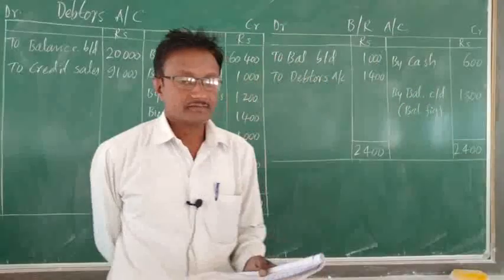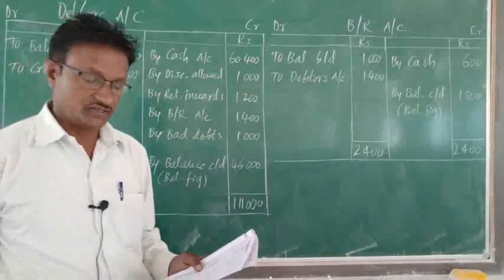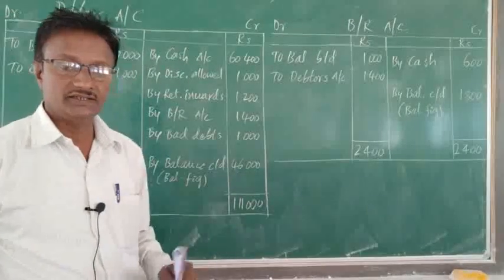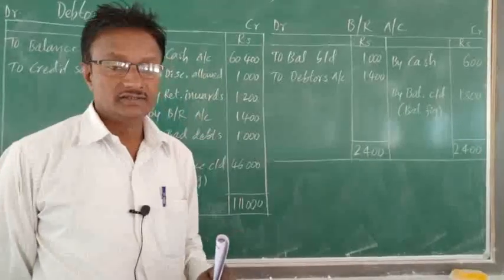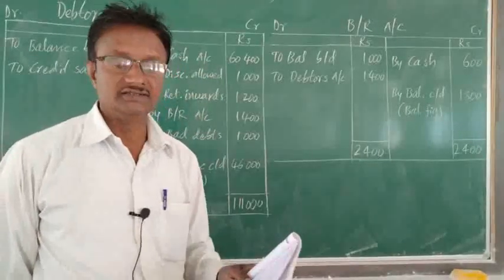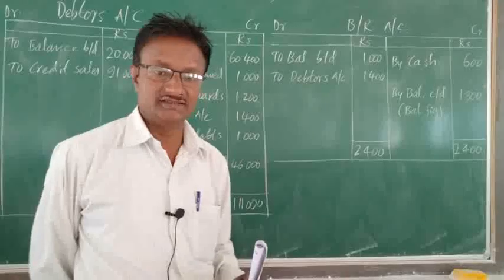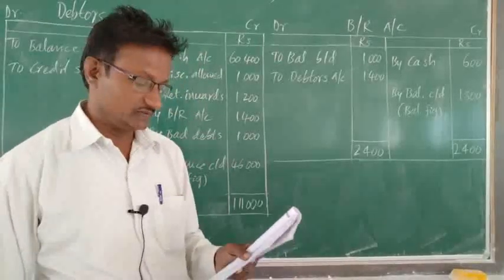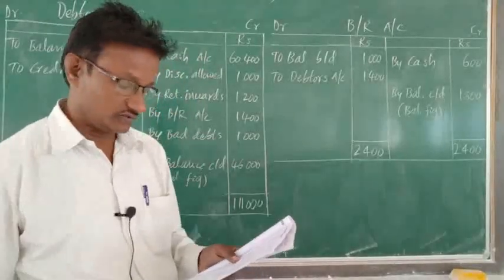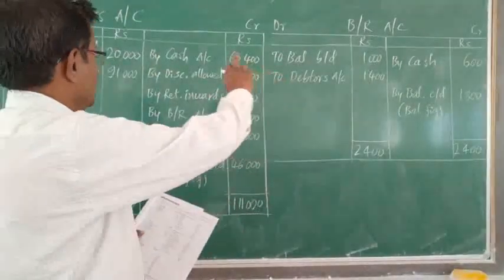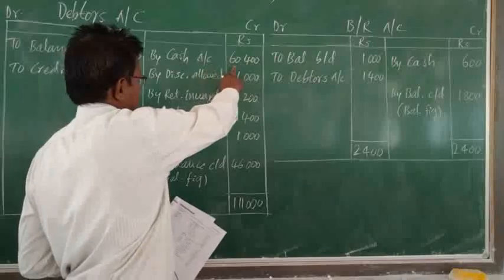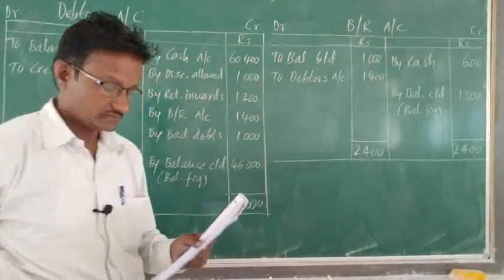Next, from the cash book, on the receipt side, that is debit side, to debtors is 60,400. That indicates cash received from debtors, 60,400. So in the debtors account, we write by cash account 60,400.